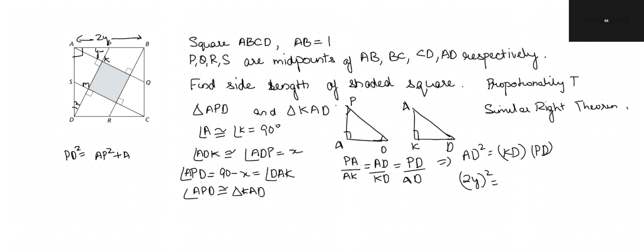So that is equal to AP is Y square plus 4Y square. So 5Y square is equal to PD square. So PD is equal to square root of 5 times Y.